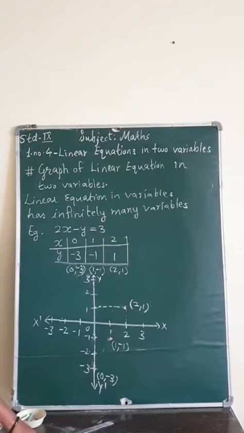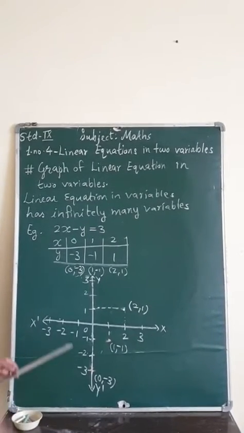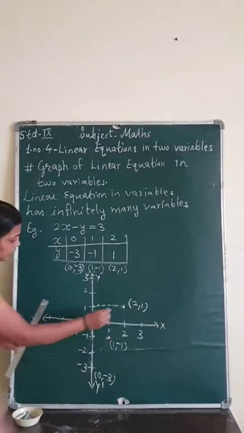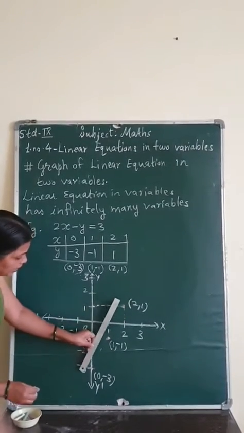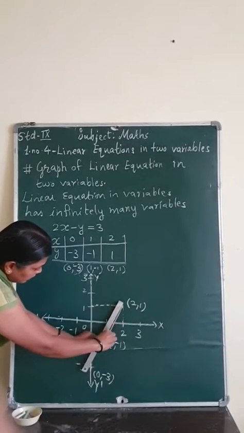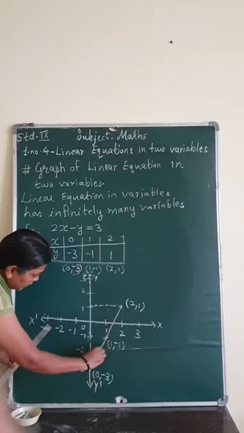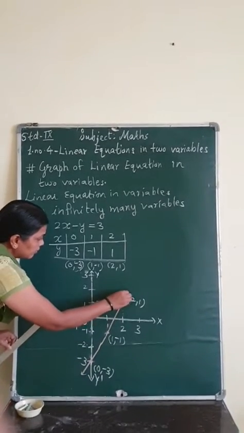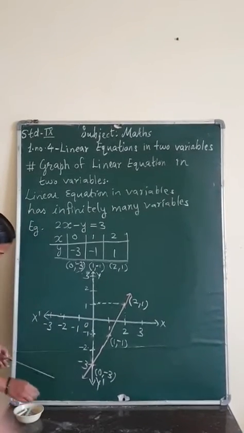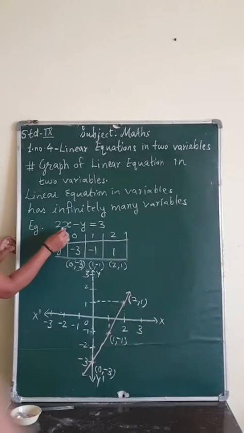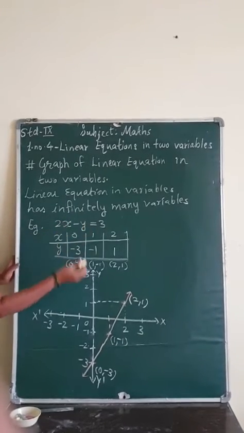When we have plotted the points, we join them and you can see these points lie on a straight line. The line drawn by me is a straight line, and this line represents the equation 2x minus y is equal to 3.